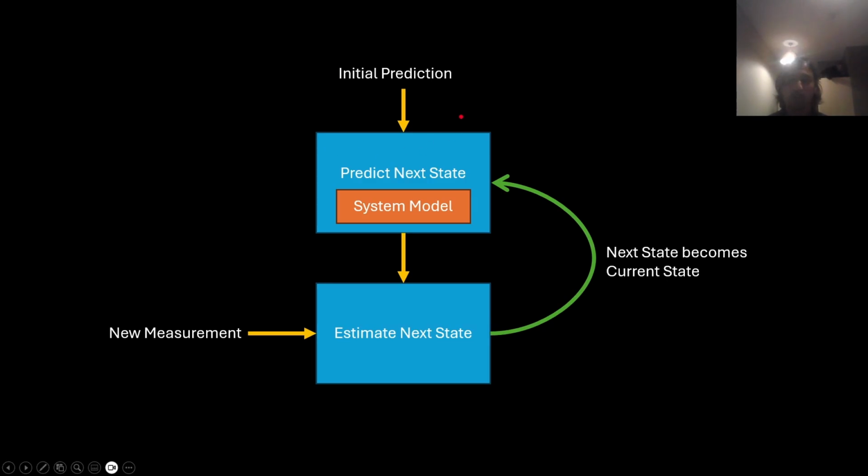So, for example, when a car starts, what speed is the car? It's at 0 miles per hour. So typically your initial prediction could be something like 0, something sensible. And I'll actually make a lecture on initial predictions and their importance. A lot of the time you can get away with any value for initial predictions, but sometimes you have to be very careful with them.